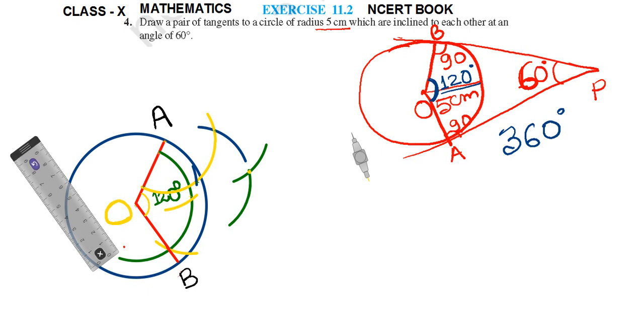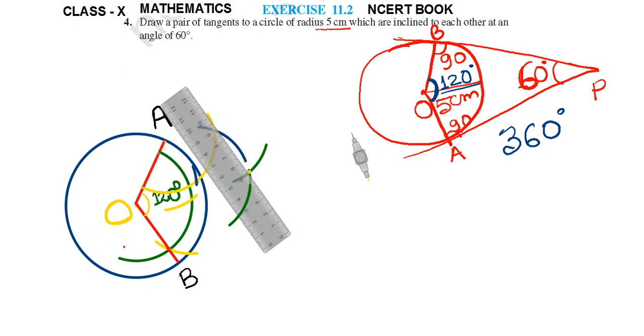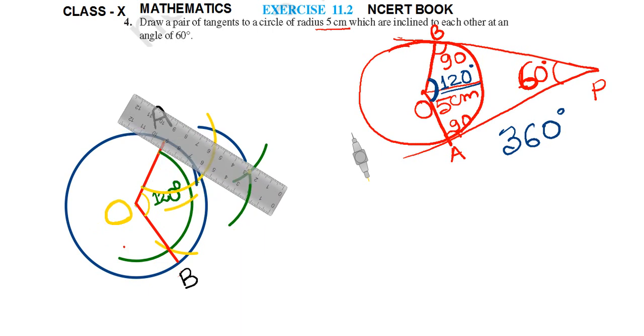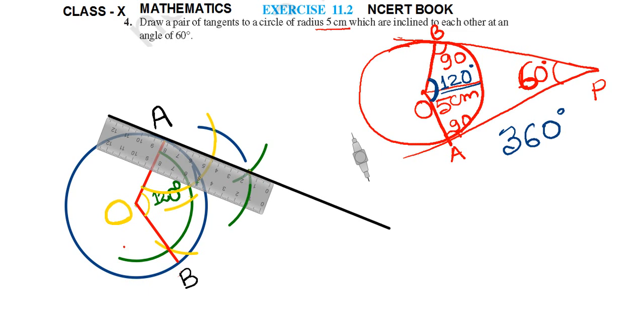Using this scale we will join and will get a tangent. Now join it. Okay, we have joined.